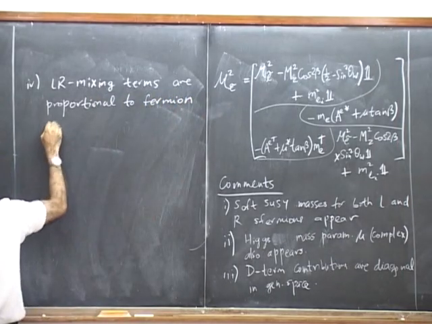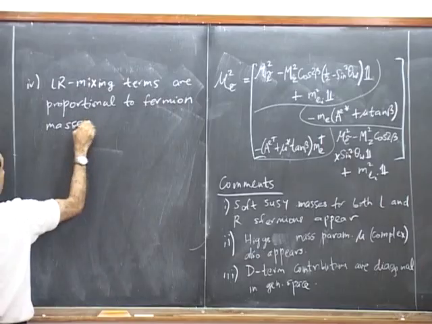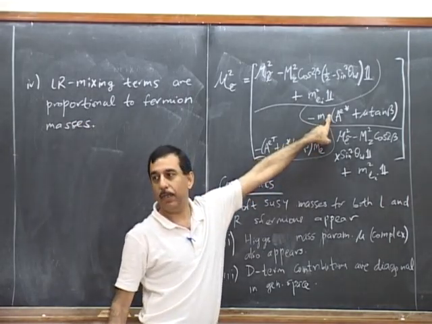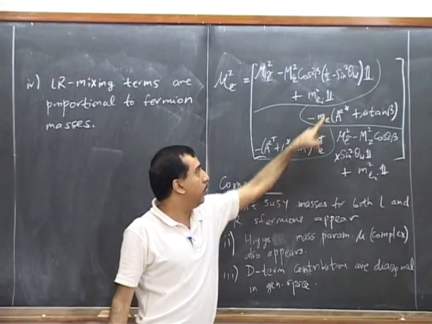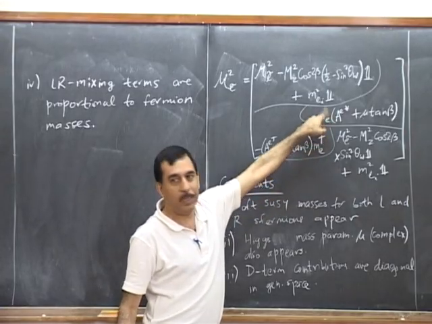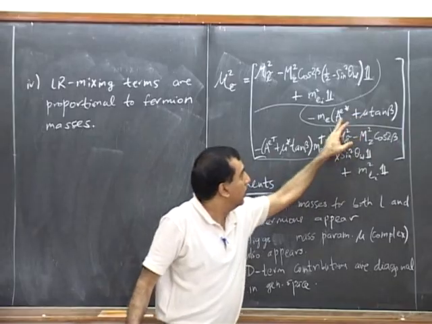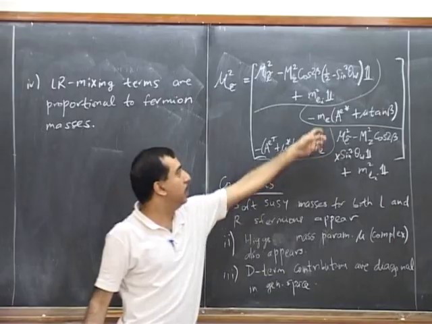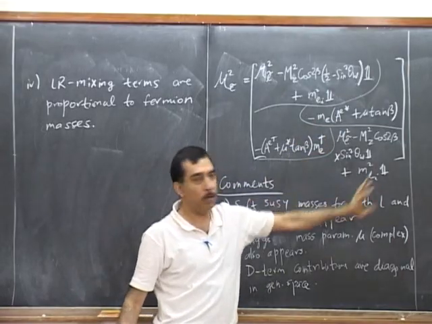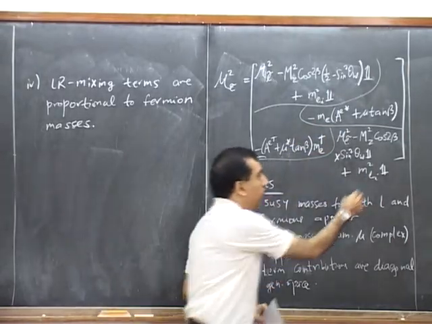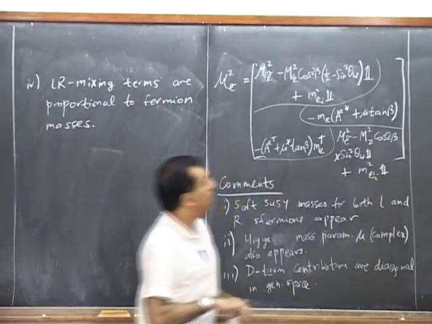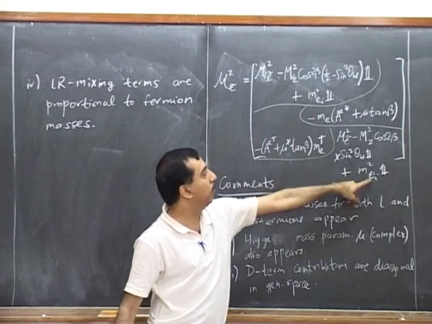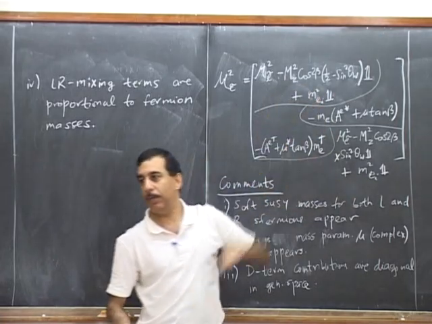And by that proportionality, I mean the occurrence of ME dagger here and ME here. These are the fermion masses. They happen to be diagonal, so I could have written this as ME times 1, but then this need not be diagonal. But in the case of up and down quarks, even these M's here and here are not diagonal. The important point being that the off-diagonal ones are entirely proportional to M, while the diagonal ones have these M squares appearing, but they are not the only terms.